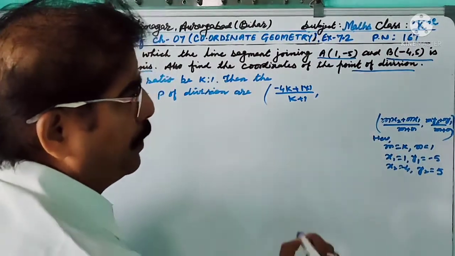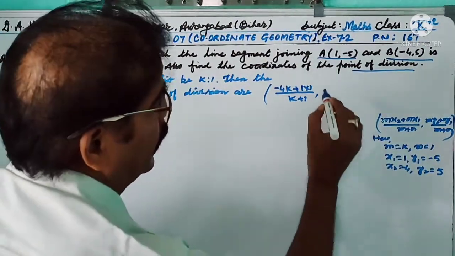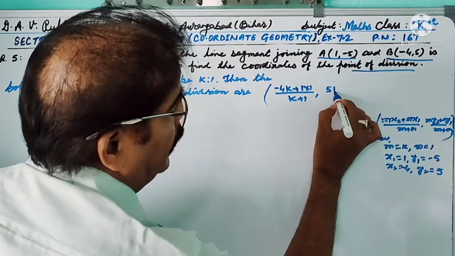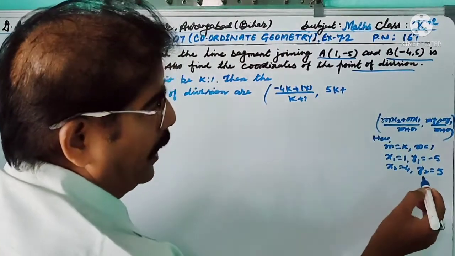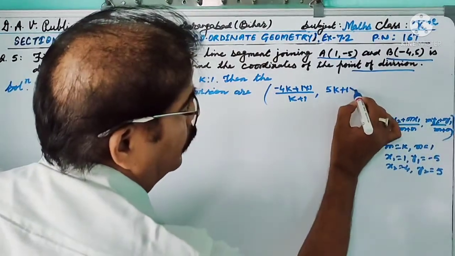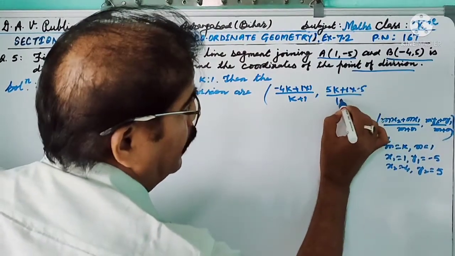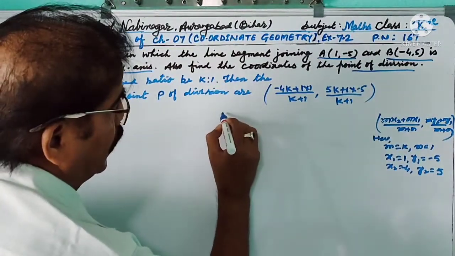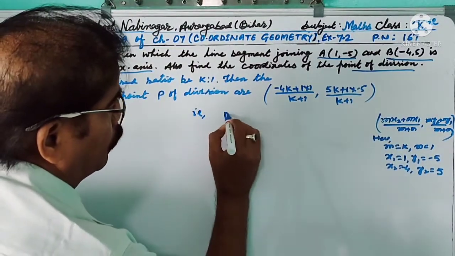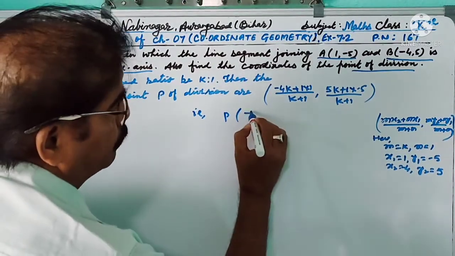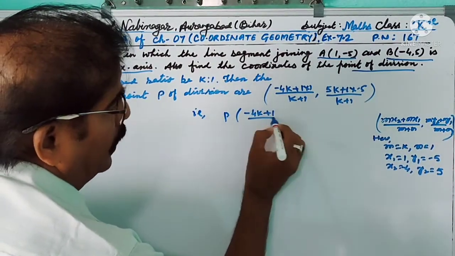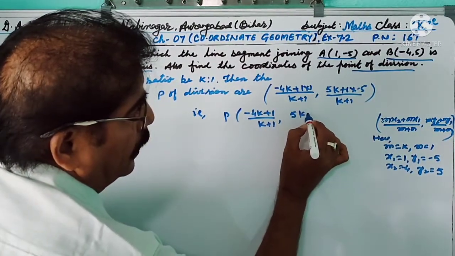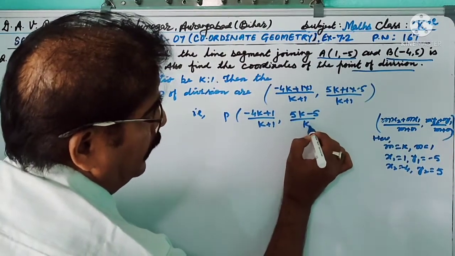And my2 plus ny1: y2 means 5, so 5k, plus 1 into -5, by m plus n. So the coordinates of point P are (-4k + 1) by (k + 1) and (5k - 5) by (k + 1).